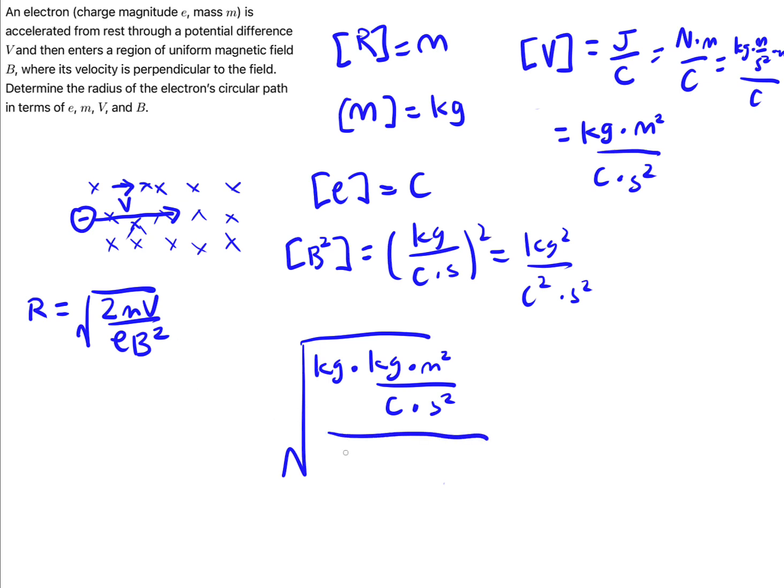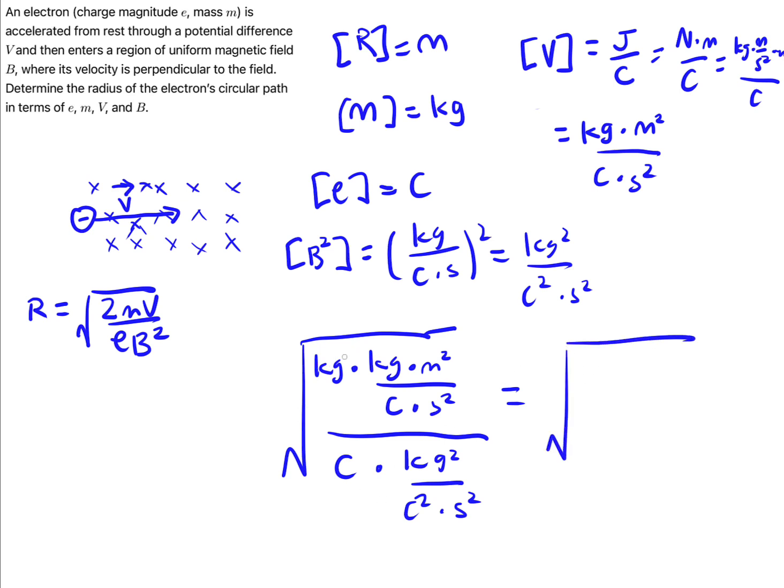E has units of coulombs, and B squared has units of kilograms squared over coulomb squared times second squared. So now let's just start by simplifying this mess over here. So let's focus on all of these fractions and reducing these fractions out.